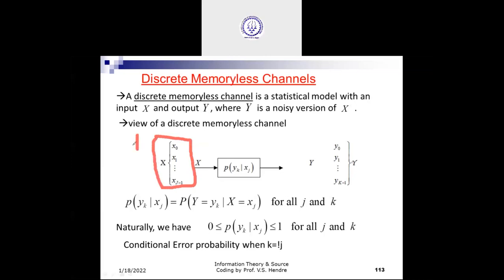This is my transmitter from which I'm transmitting certain symbols x0, x1 till xj minus 1. Capital X is the random variable which generates these source symbols from the transmitter end. Similarly, at the receiver end, I have a receiver represented by a random variable capital Y, and the received symbols are y0, y1 till yk minus 1.